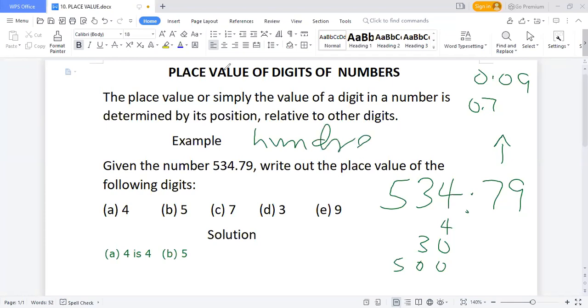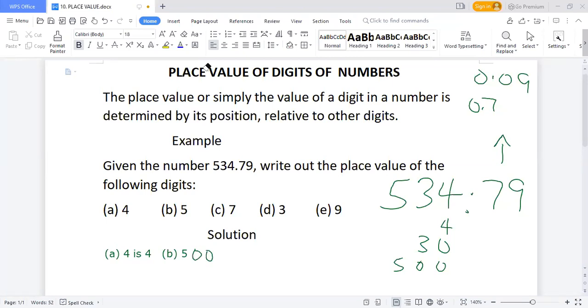So this 5 here means you will see it as 500. You see 500. That's place value of 5.